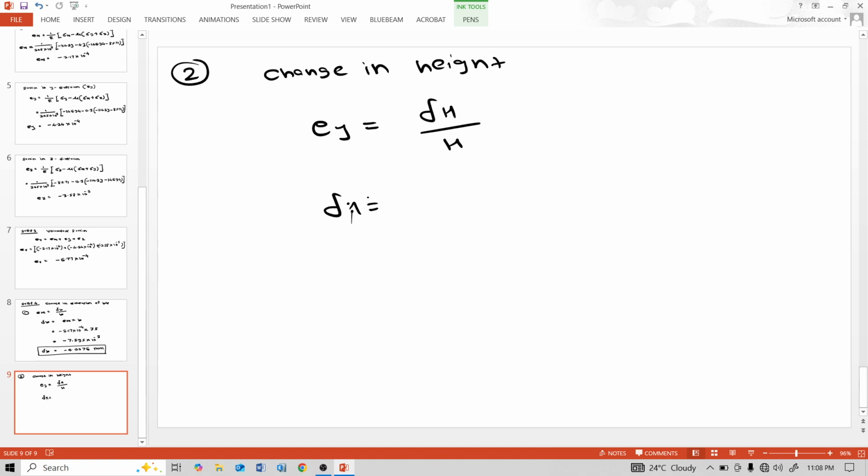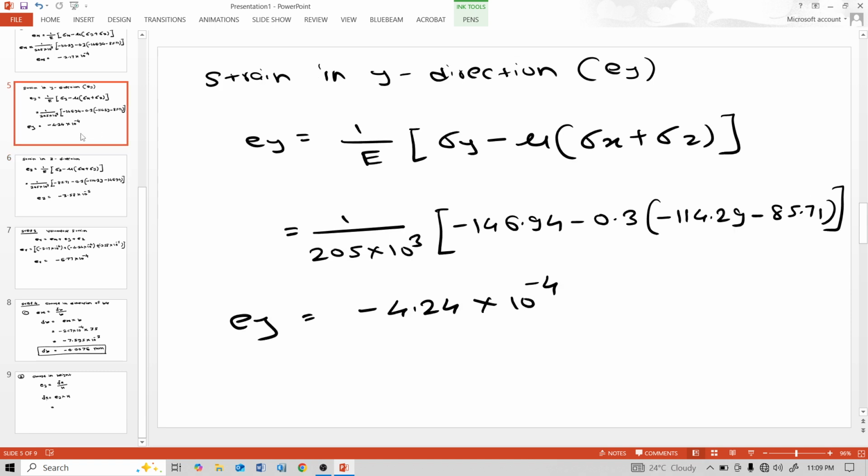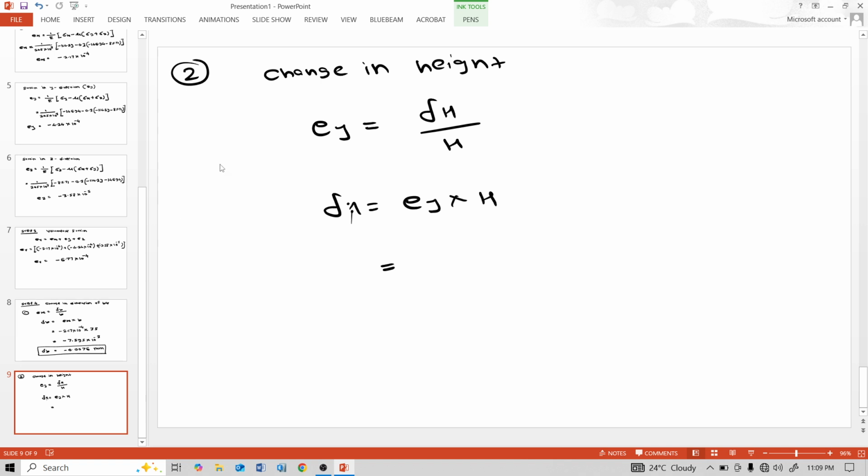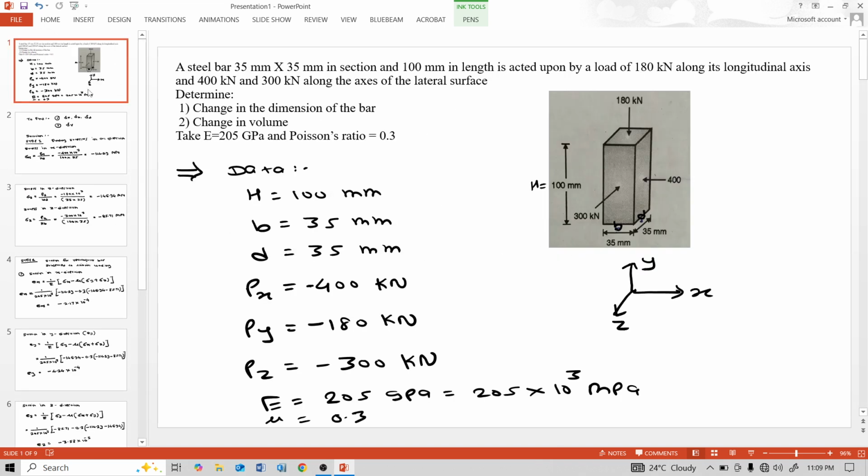Change in height is equal to Ey into capital H. Ey is minus 4.24 into 10 raised to minus 4, and height is 100 mm.